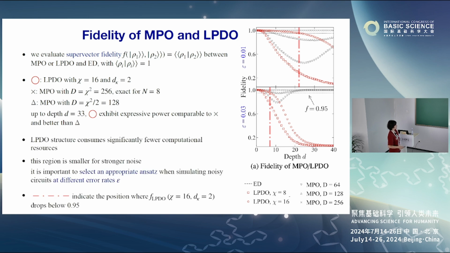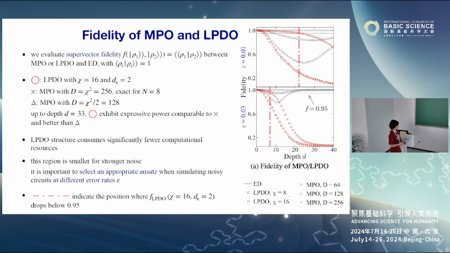But if we have a larger error rate, this region will become smaller, so the appropriate choice depends on the error rate when simulating noisy circuits. However, if the error rate is small, we can use LPDO at least in the quantum region, because LPDO is actually much more efficient.